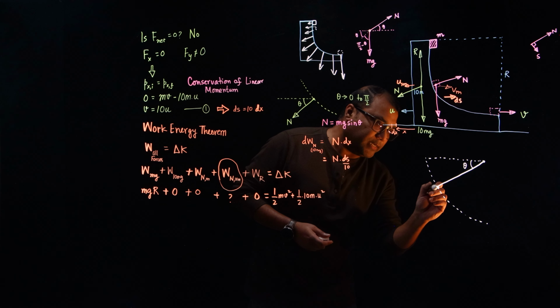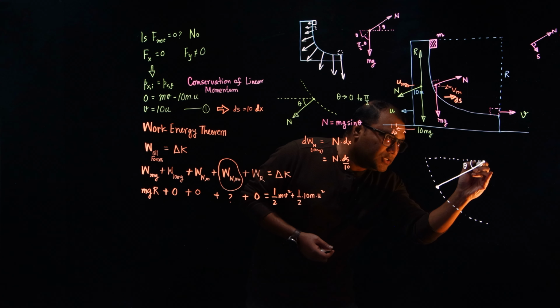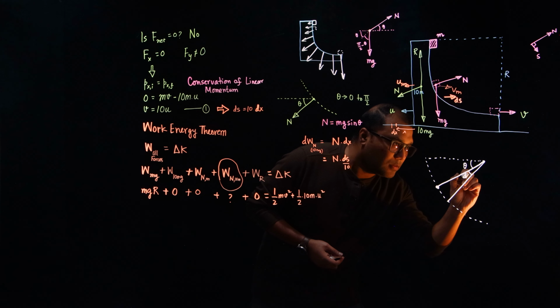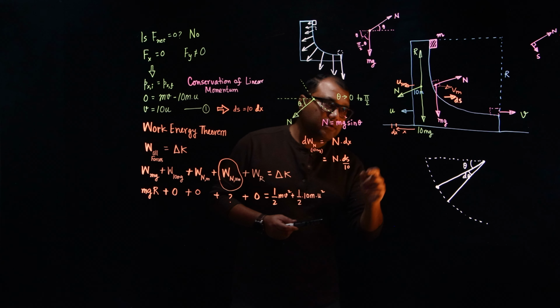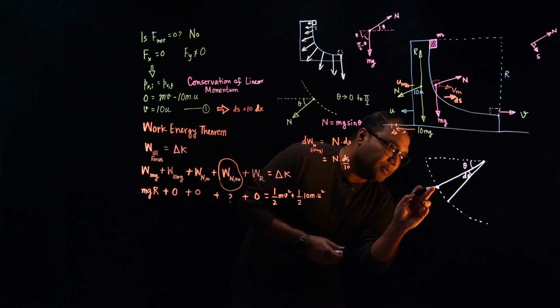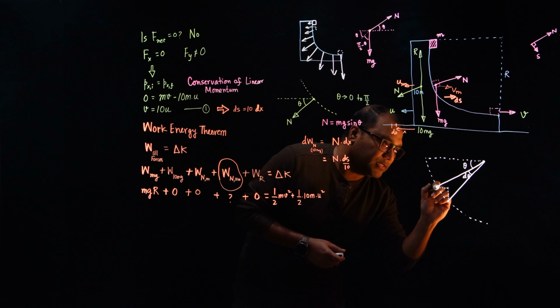So the body is right here. Let's say for a small d theta angle, this ds displacement happened, which means the body moved from here to here. So in the horizontal, in the x direction, this distance is ds.